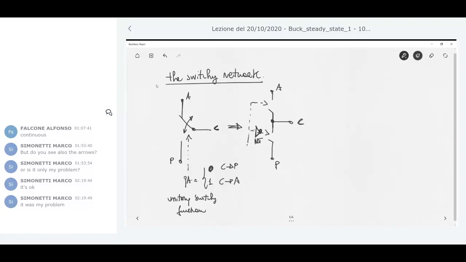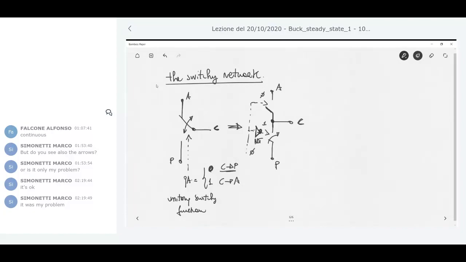So if QA is 0 here, it means that you have 0 here, but then you have 1 here. And 1 here means that this switch is closed. Okay, so P is connected to C. 0 means that this switch is open, so it's an open circuit. Okay, so you will get this condition here.